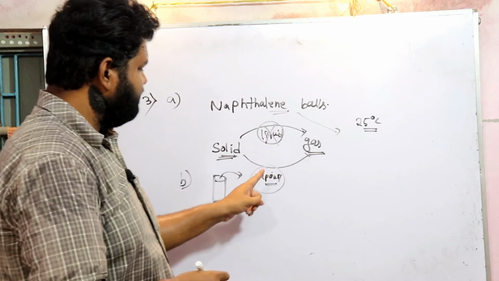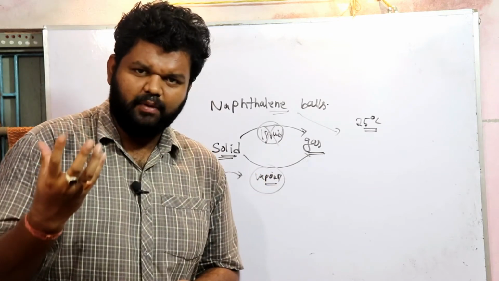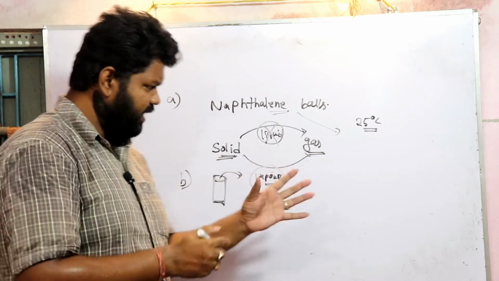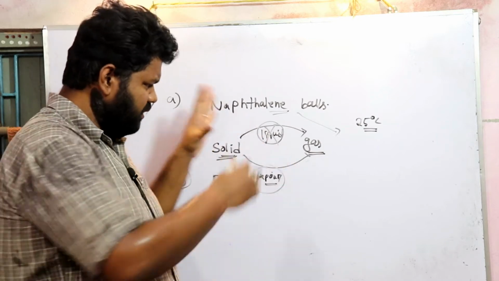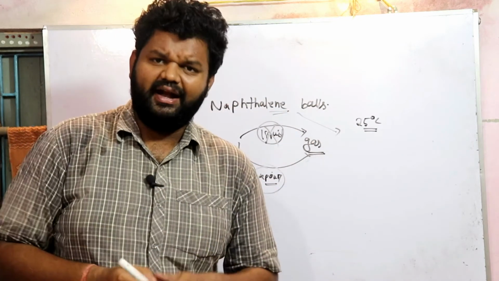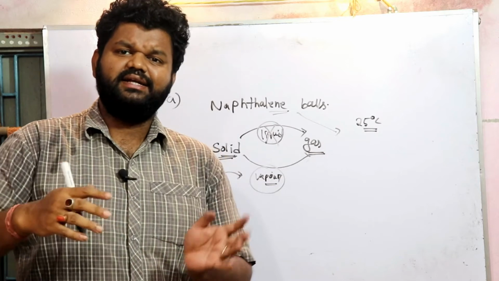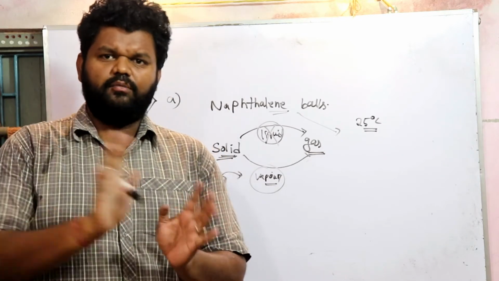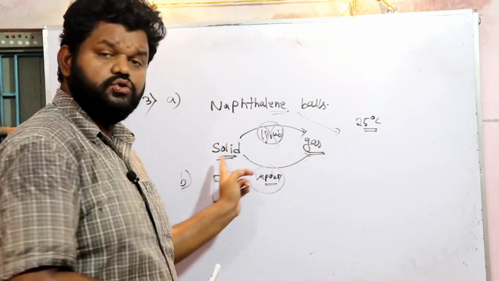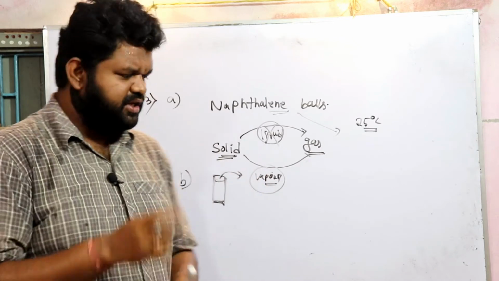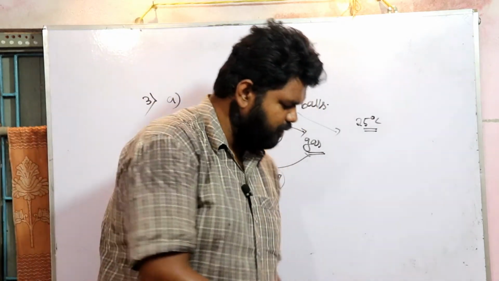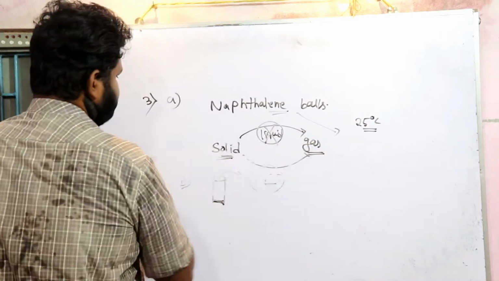So this vapor particle is also a type of gaseous particle, so it will move from one part to another part, and that is why we are getting the smell sitting several meters away from the source of the perfume. Okay, so these were the first three major questions, and the next question is question number 4.